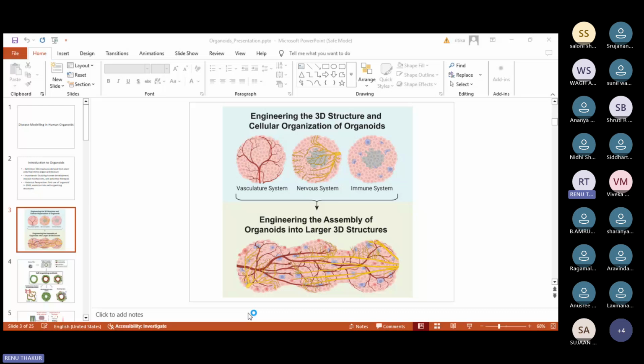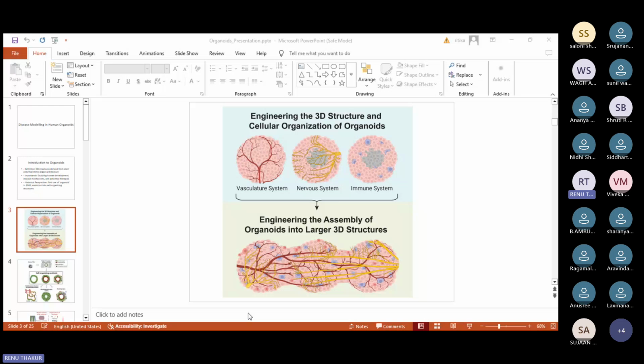So these organoids are 3D structures that mimic the organs present in our body. We provide an environment in the lab which is similar to the environment of our body to these tissues and organs, so that their functionality and morphology are exactly similar to what we have in our body.